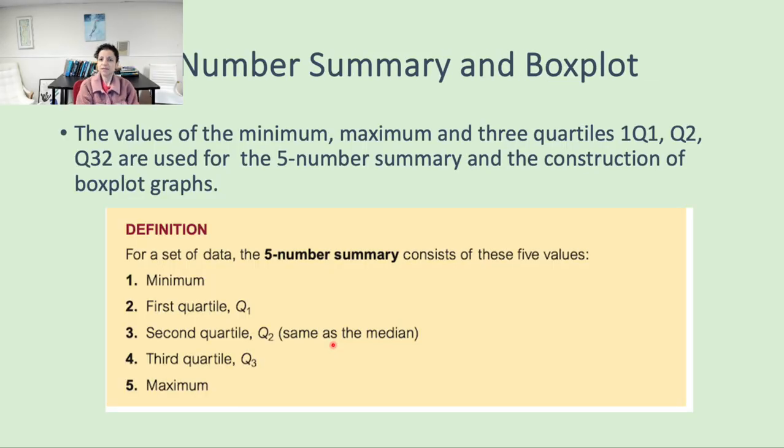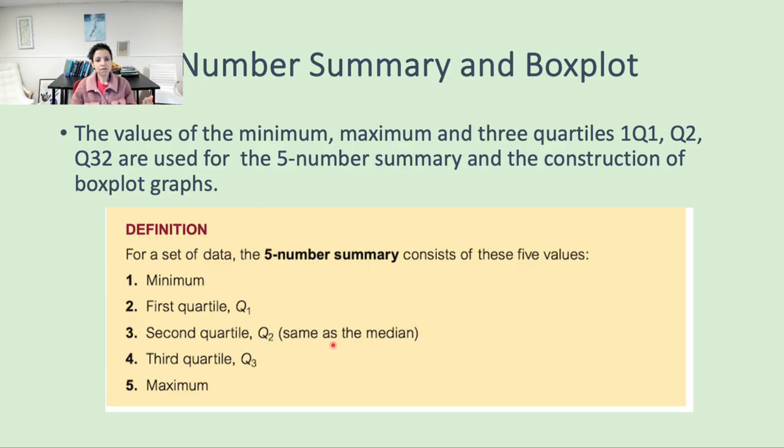Another way of summarizing data is doing something called a 5-number summary, and once we have a 5-number summary, we can construct something called a box plot. In a 5-number summary, we have a data set and we want to summarize things about our data.